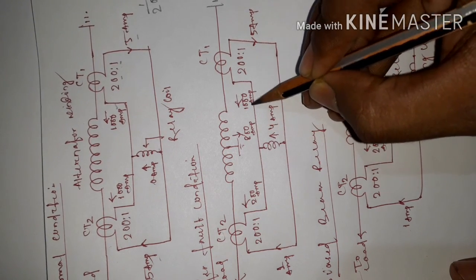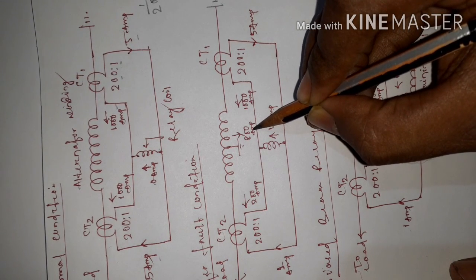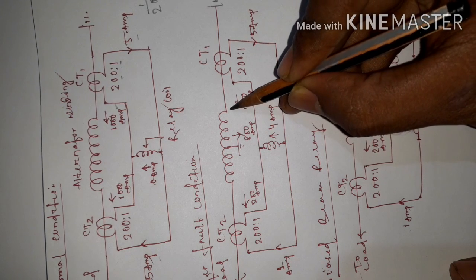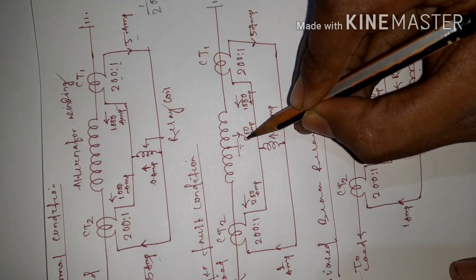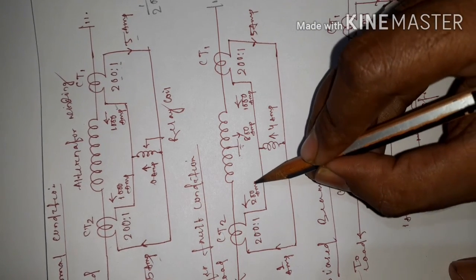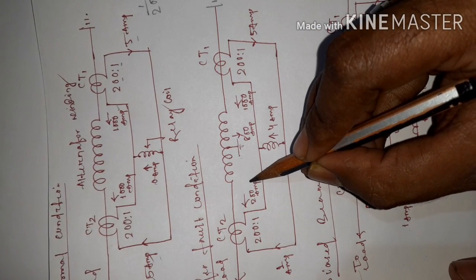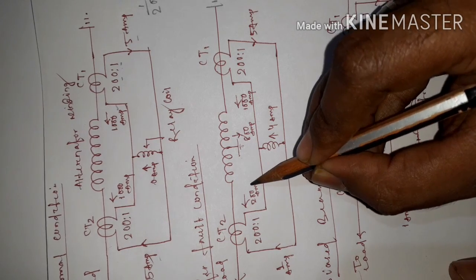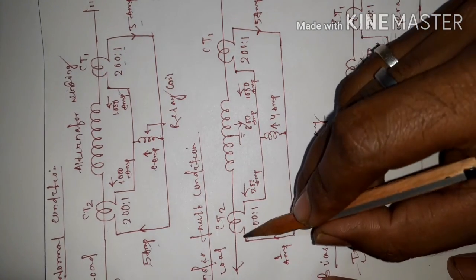That means almost 800 ampere current passes to the ground, and the rest, 200 ampere current, flows to the load circuit.